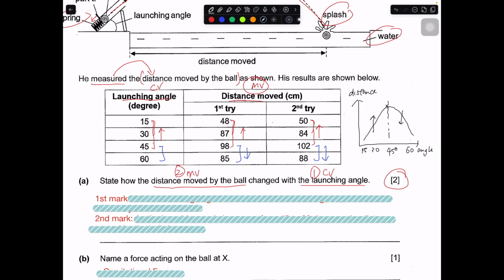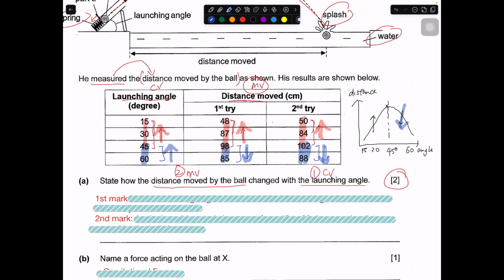So in this case, you can see very clear cut. Let me just highlight it to you. From 15 until 45, the distance moved increases. From 45 until 60, the launching angle continues to increase, but the distance moved decreases. So there are two sets of relationship over here.